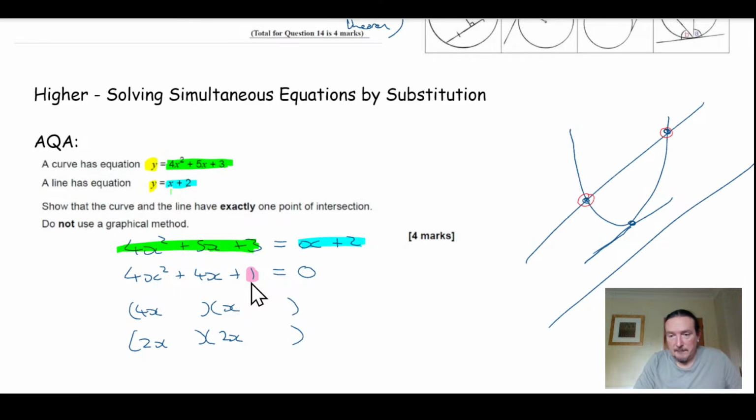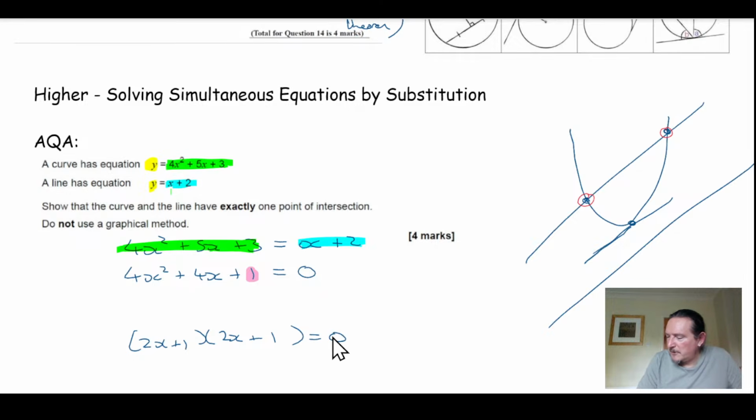So really we need to think, is it going to be 4x plus 1, x plus 1? Or is it going to be 2x plus 1, 2x plus 1? I think it's going to be the second one, because 2x times 1 and 2x times 1 is going to give you the 4x in the middle, whereas the other one is going to give you 5x. So it's this one here that it factorizes into.